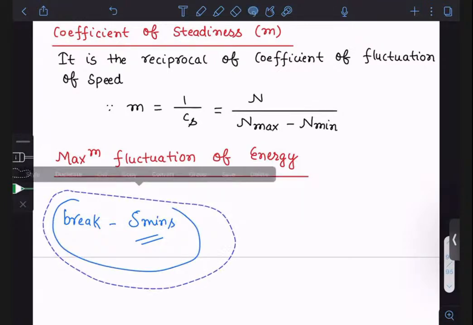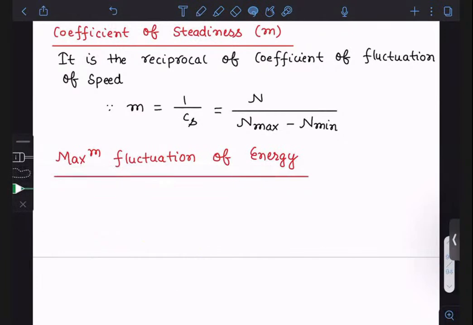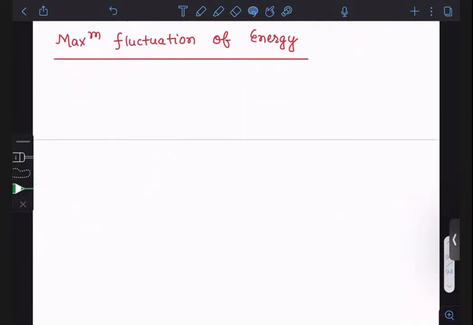See, guys, the maximum fluctuation of energy, this expression that we are going to discuss. I am going to draw the turning moment diagram because we know the area of the turning moment diagram, torque into theta, is going to give us what? Energy.